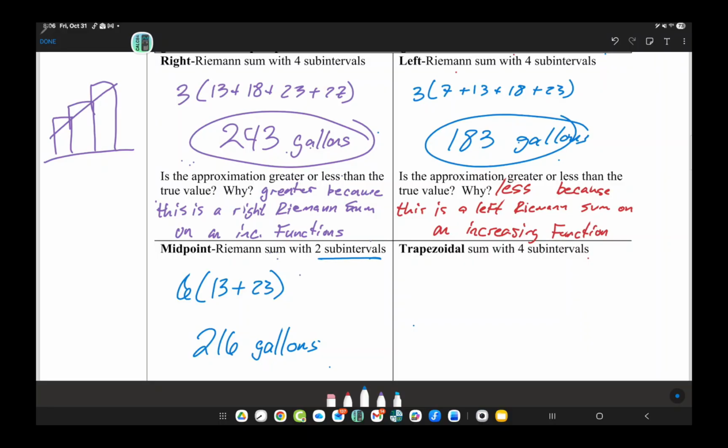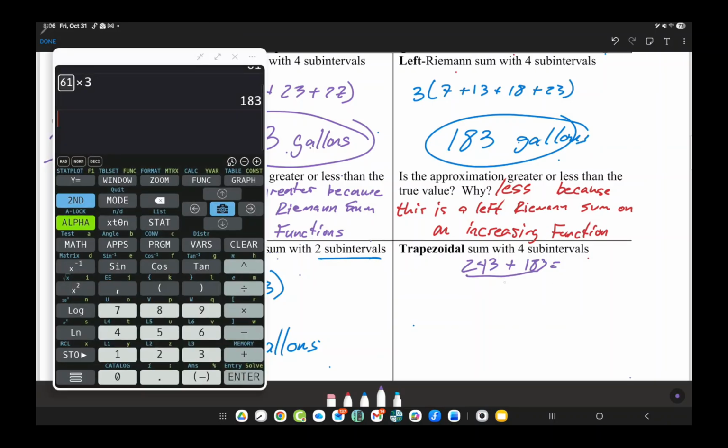Add the left and right and average them together. So 243 plus 183 divided by 2 gives you 213 gallons.